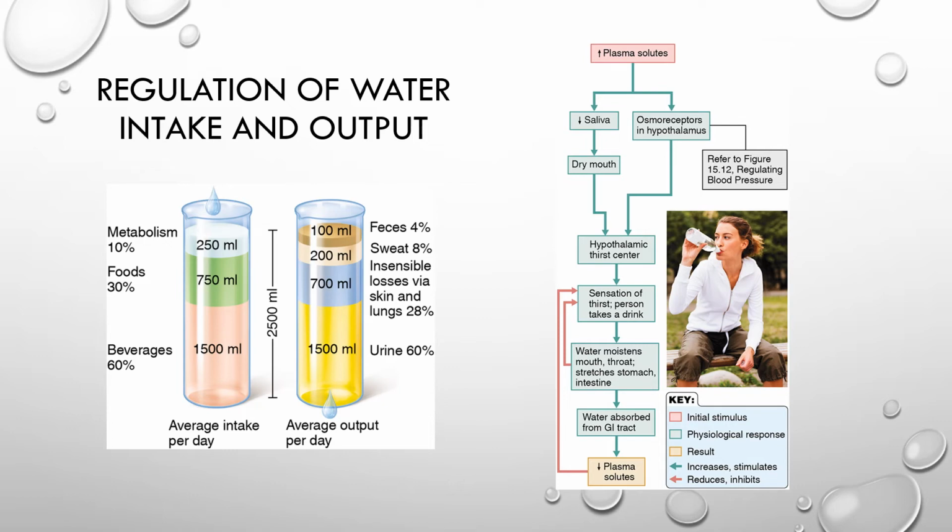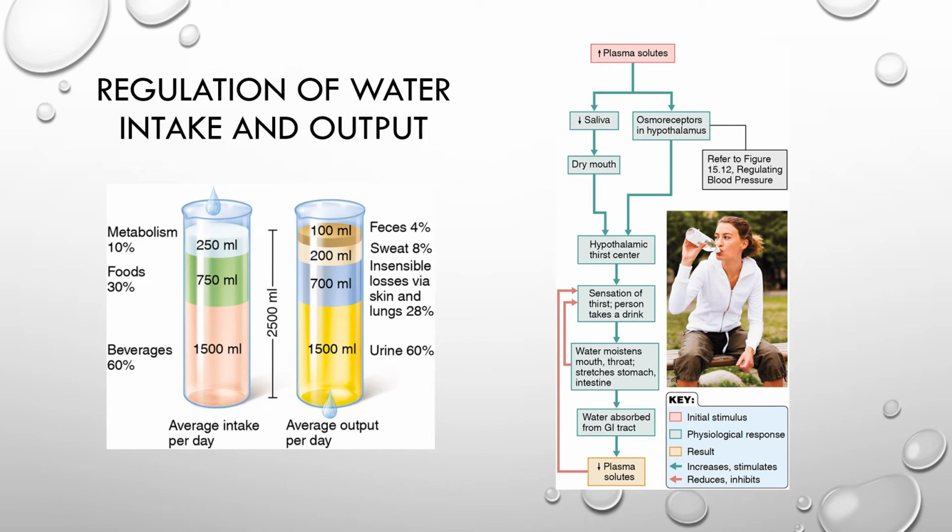And we'll talk, actually it's right here on this chart. You can see in the first image, we're looking at major sources of body water and routes of water loss from the body. When intake and output are in balance, the body is adequately hydrated. So if your average intake per day is equal to your average output, we're all gravy, baby. And then the other figure on the right is the thirst mechanism for regulating water intake.